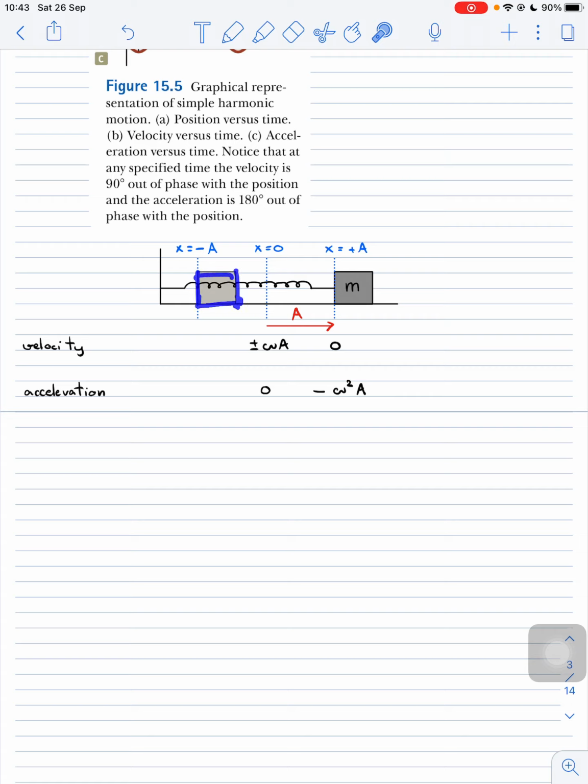So at this position the velocity again equals 0. At this position the spring has the maximum compression, so the acceleration must be maximum as well. That's why we have the expression plus omega squared times A. The plus sign just means that the acceleration goes to the right-hand side.